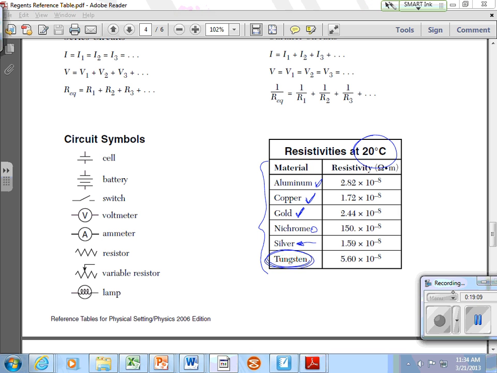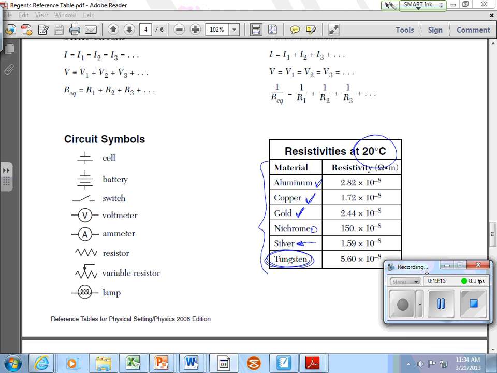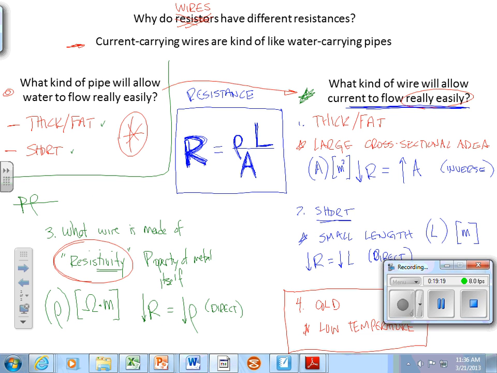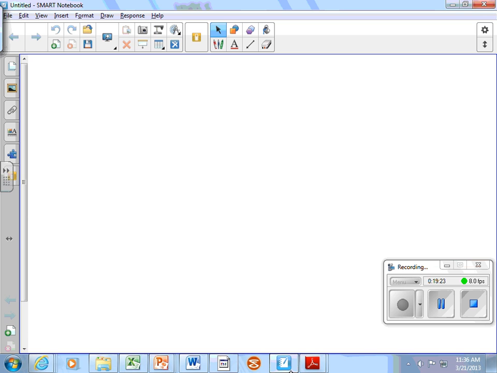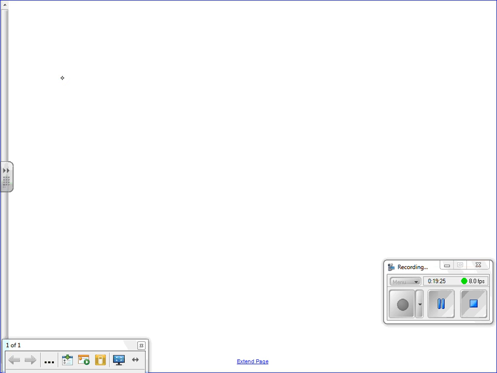What I don't have, unfortunately, is an example problem for you to work through. Well, what I'm going to do is just sort of talk you through an example. I'll even write it down here. Let's say that we have a wire. It looks like this.